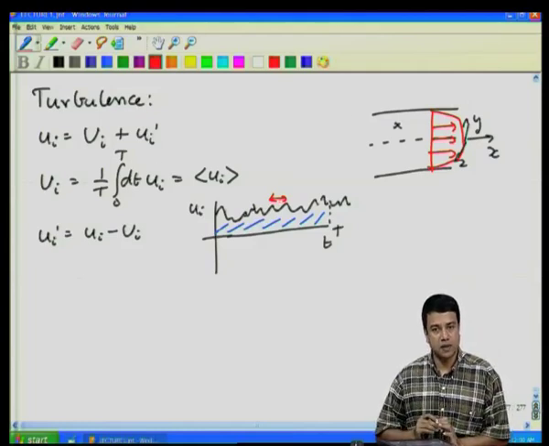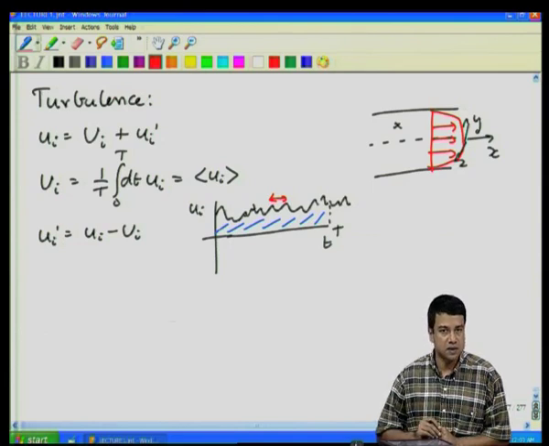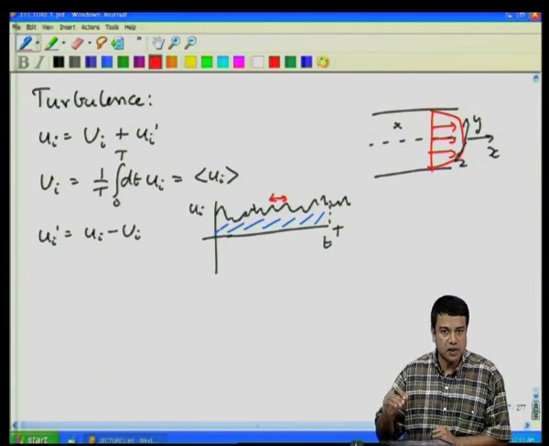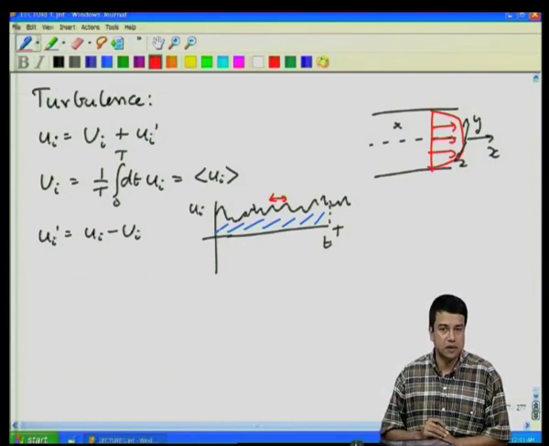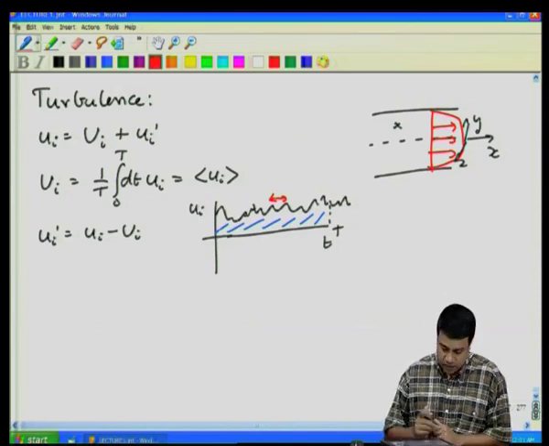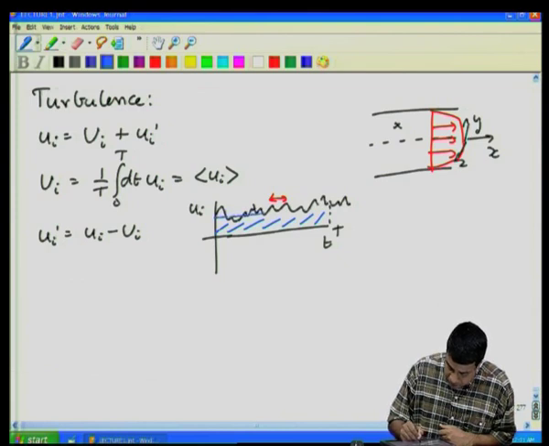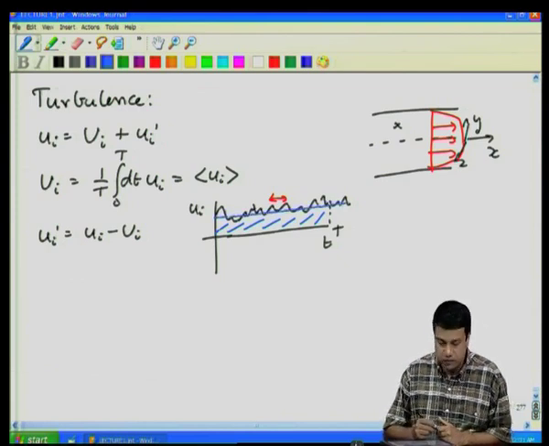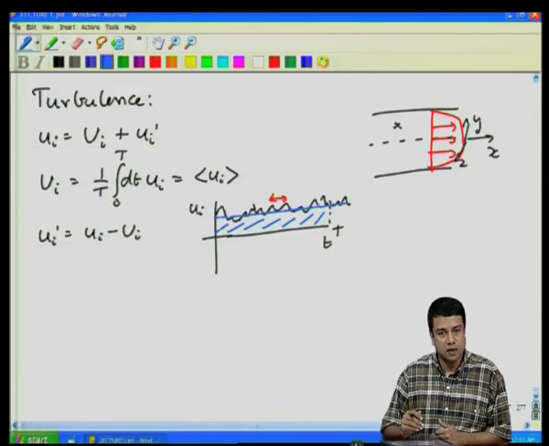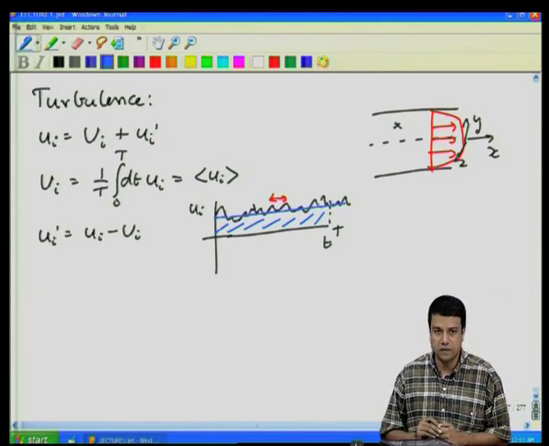You have to make sure that the averaging time that you choose is much larger than this characteristic time period, so that the velocity goes through many positive and negative fluctuations about its mean value. So, from the area under the curve you divide it by capital T to get the mean value, and the difference between the instantaneous velocity and the mean velocity is the velocity fluctuation.